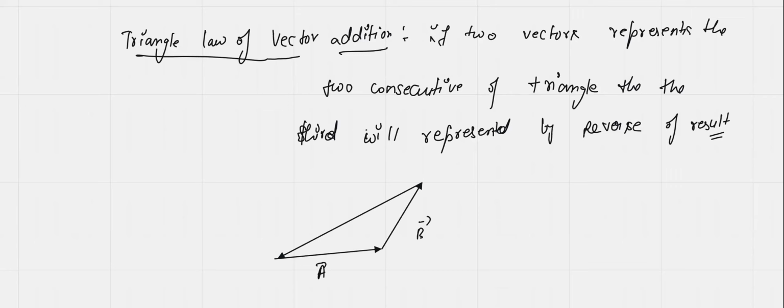As per the triangle law of vector addition, if two vectors A and B are representing two consecutive sides of a triangle, then the third side will be represented by the reverse of the resultant. So assume this is the reverse of the resultant. So what is the resultant? The resultant should be this. Clear, others?